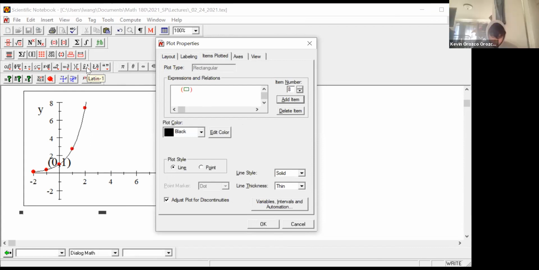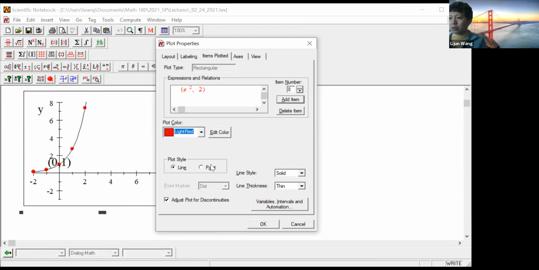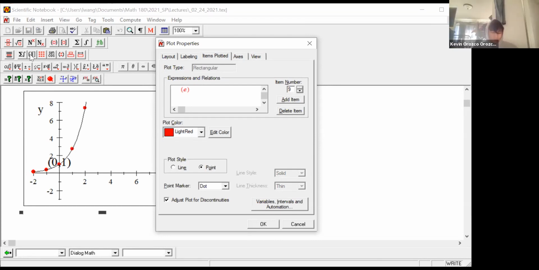So e to the power -2. Output is -2. Red dot. e to the power -1. One comma 0. e comma 1. e squared comma 2.